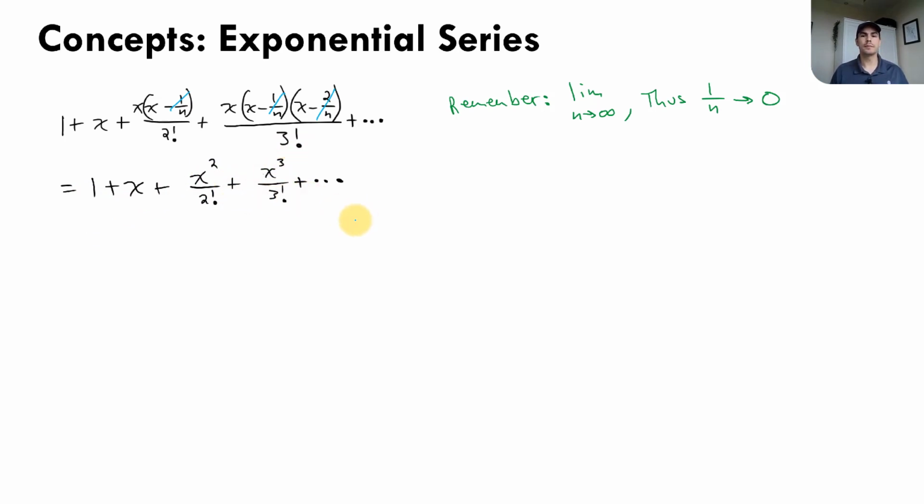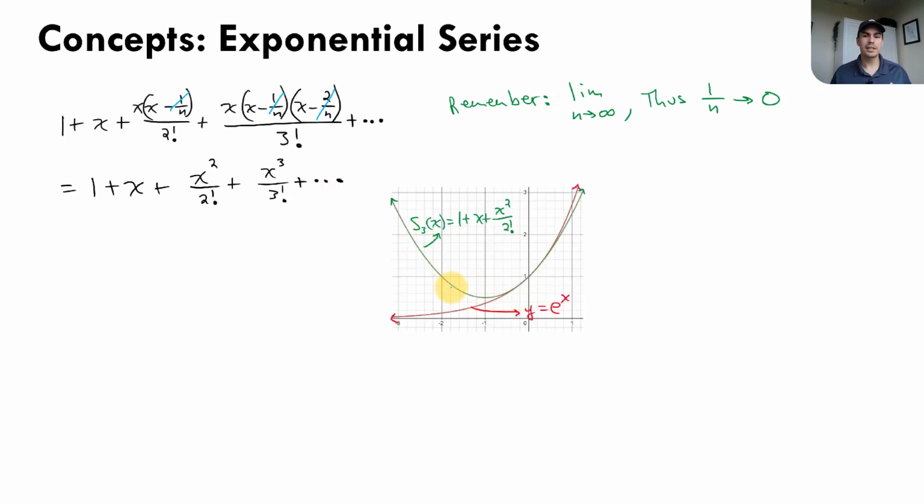Now, if I take a look at this graphically again, I'm just going to look at 2 graphs here. If I take the third partial sum, so 1 plus x squared over 2 factorial, and I graph that on the same coordinate plane as e to the x, I do have some overlap here, which is great.